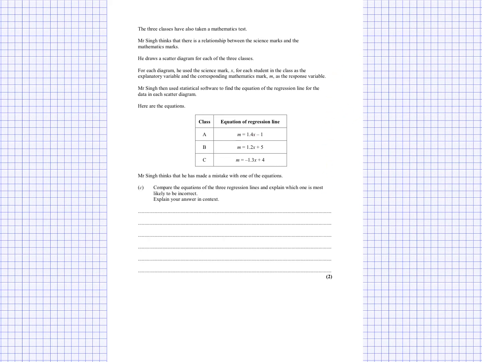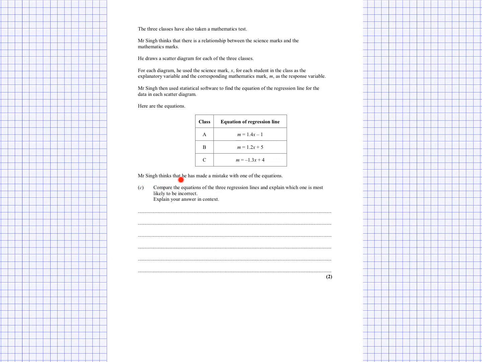So the -1 is saying it's a 1.4 gradient, and it's not going to be too high. Then you got second one, class B. You got 1.2 gradient, and it's plus 5, so 1.2 gradient and a little bit higher. And C is negative gradient, -1.3, and then a little bit higher. So negative, it will be going like this, and it would be a little bit above the x-axis.